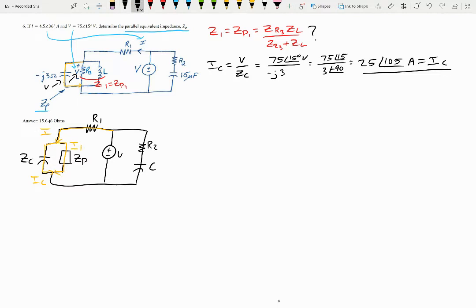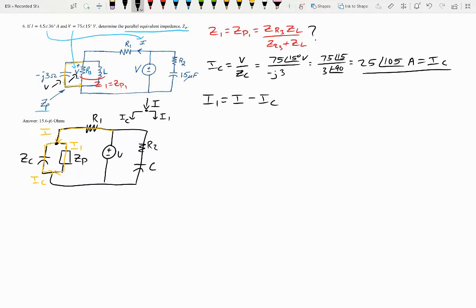Okay. So I1 is going to equal I minus IC. Because at that node right there, it's I coming in, I1 going out, IC going out. Okay, so just a node, KCL.